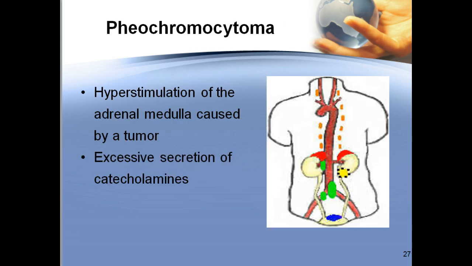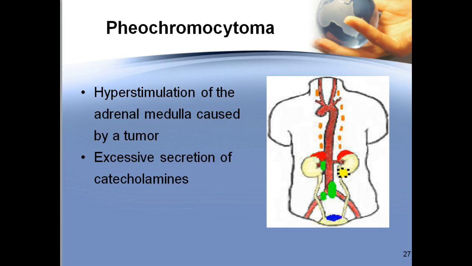Oh, I forgot, let me go back. I forgot to tell you that a lot of times when a person has pheochromocytoma, this results in hyperstimulation of the adrenal medulla, and basically that's just a tumor sitting on the adrenal gland itself.